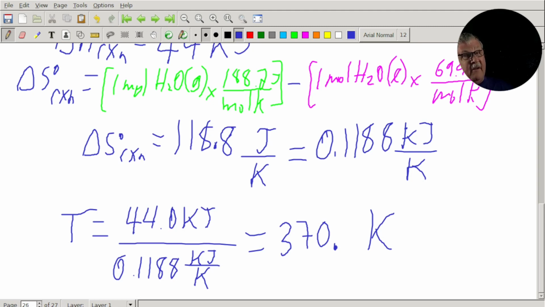All right, and this goes back to what I was saying last time. When we do these kinds of estimations, they work the best if we estimate close to 25 degrees Celsius. The closer we get, the more accurate it is. One of the things you'll notice is on the worksheets, there are several different liquids that you can look at for this chapter.